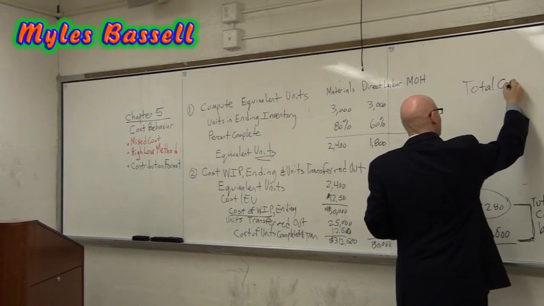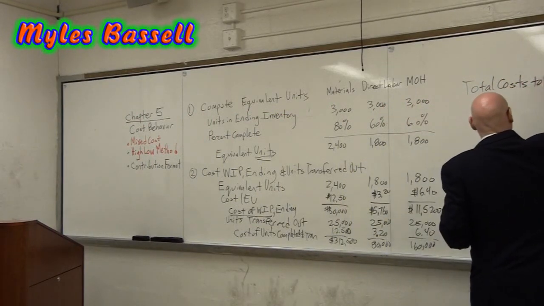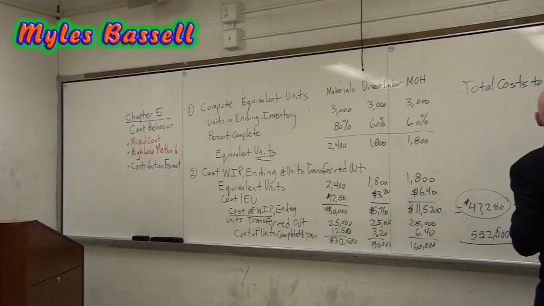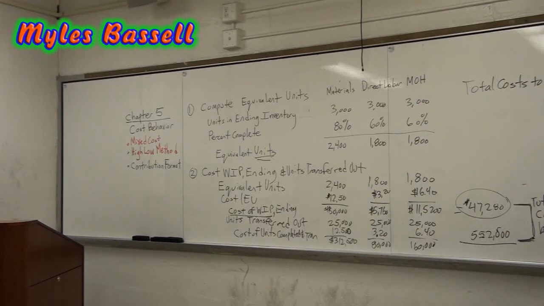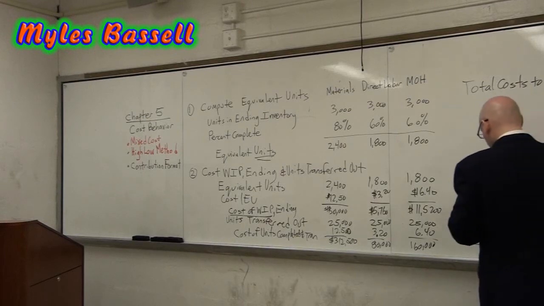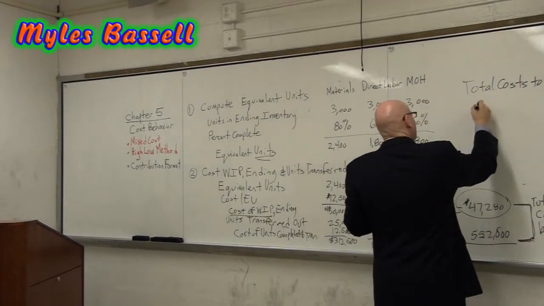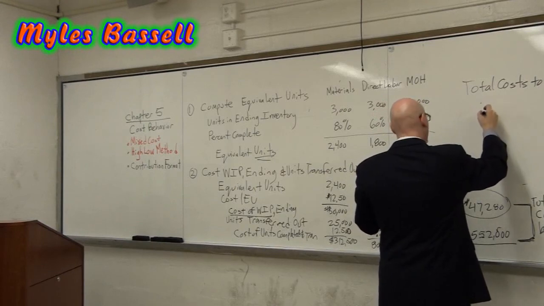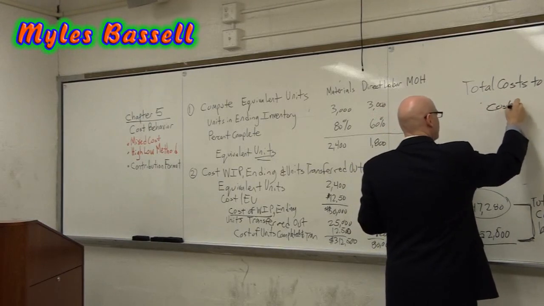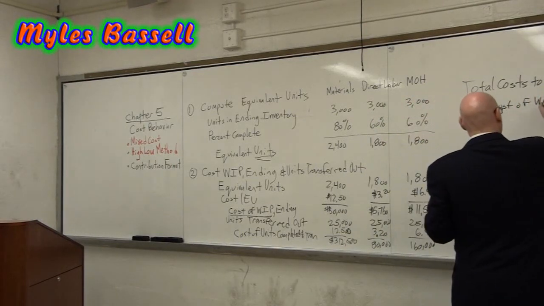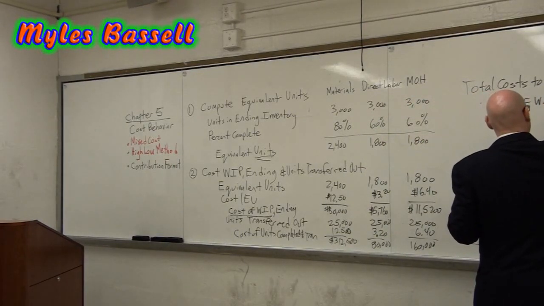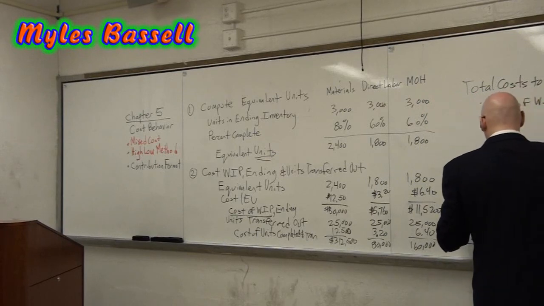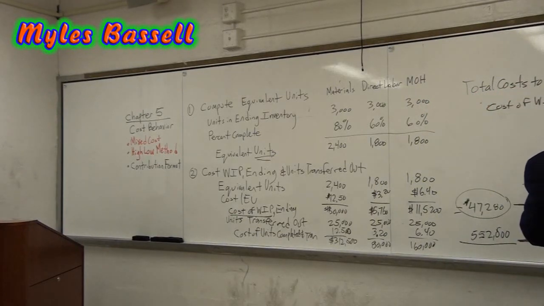Total cost to be accounted for is 599,780. All right, then we have the cost of the WIP at the end of the period, which we said was 47,280.